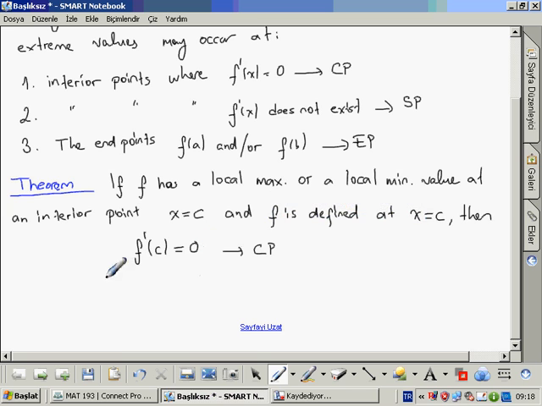Okay, let me give you an example to understand this theorem clearly.